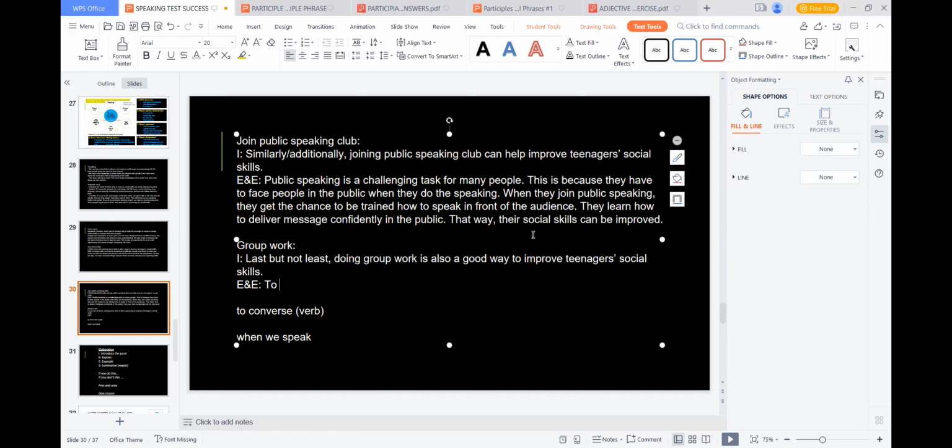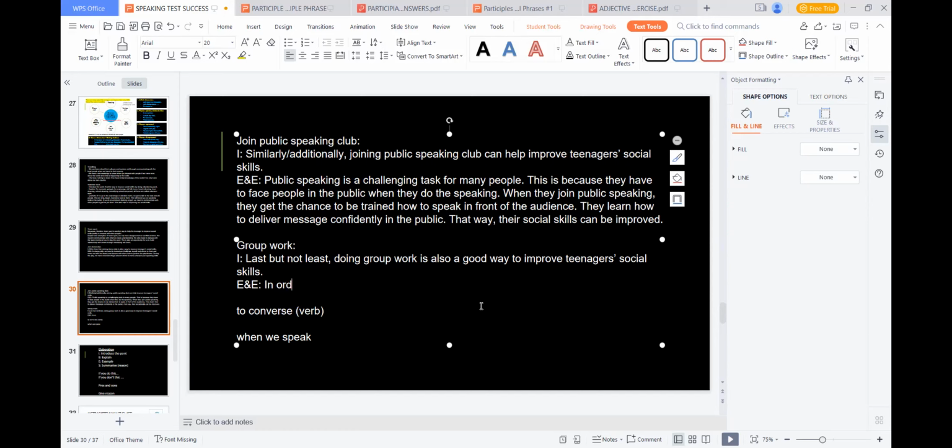Okay, so doing good work is a good way to improve teenagers' social skill. Okay, in order, I use another linker. In order, because I want to show the interlocutor I know other linker.